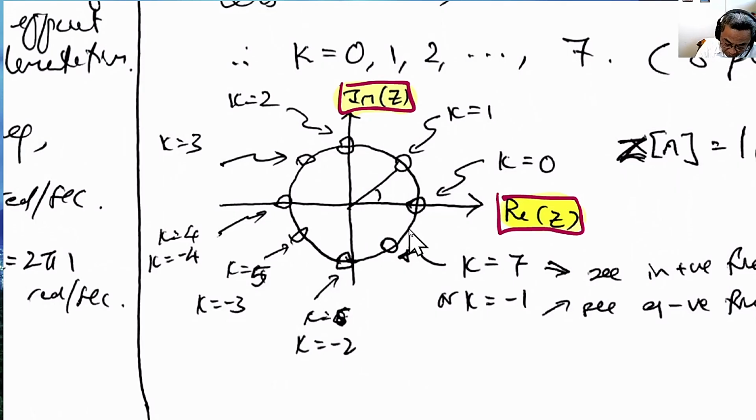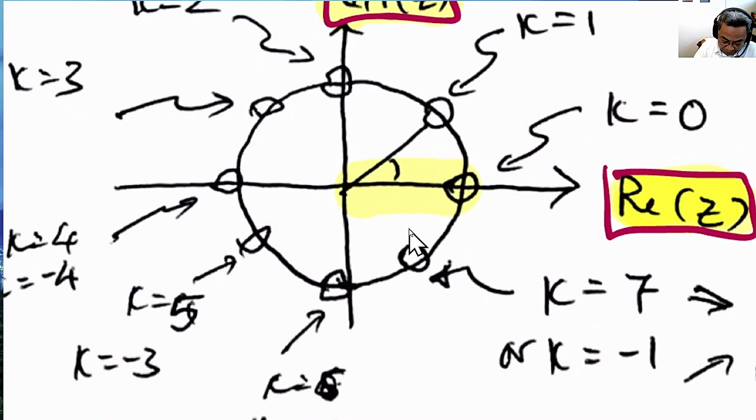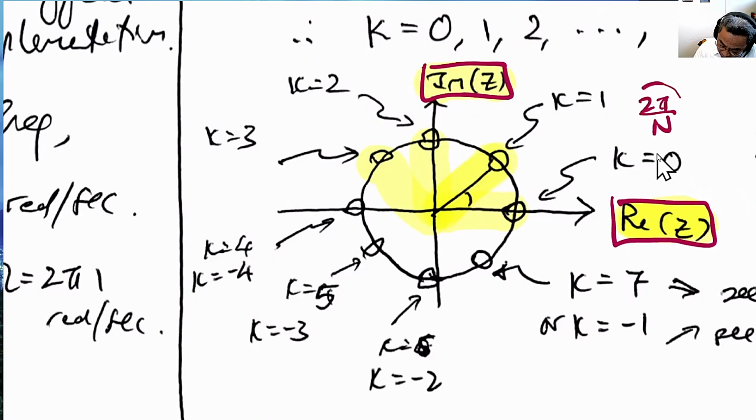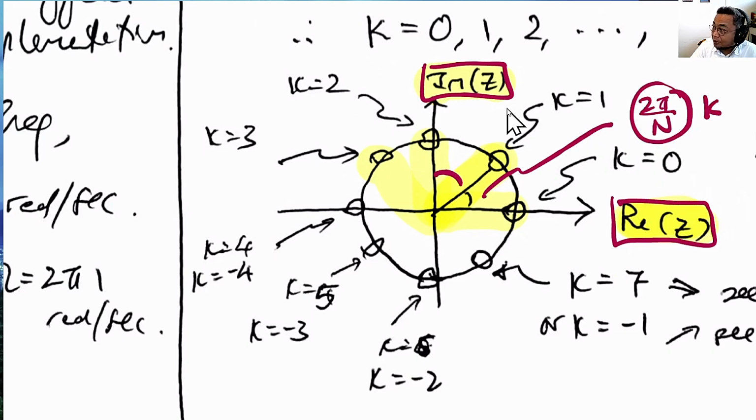Now we begin to see the different phases, and the phases are changing with respect to 2 pi over n. That means at each step, when k goes from 0 to 1 or 1 to 2, this theta here is 2 pi over n radians. And here k is the step.